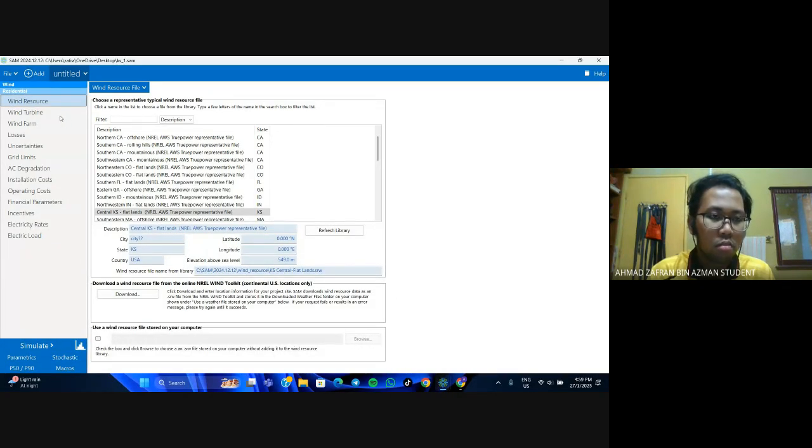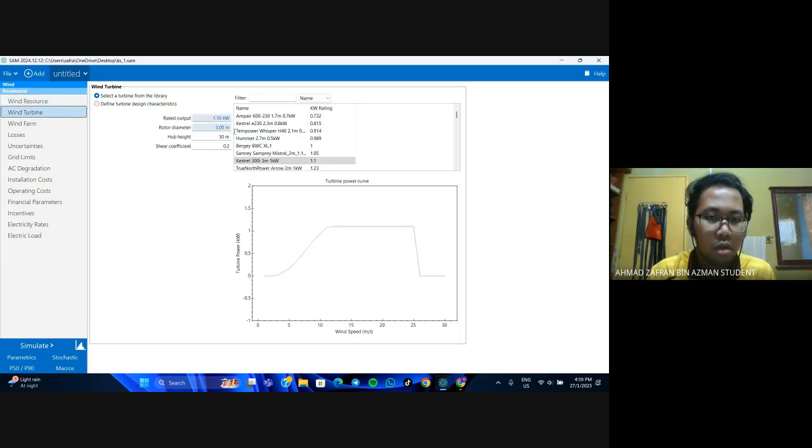My group got placed at Central Kansas here, and this is my model. I set the hub height to 30 meters and the shear coefficient to 0.2.